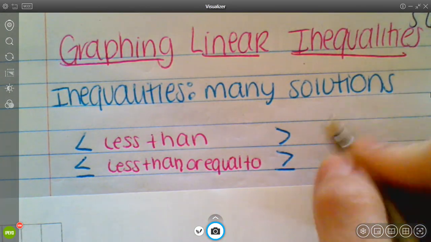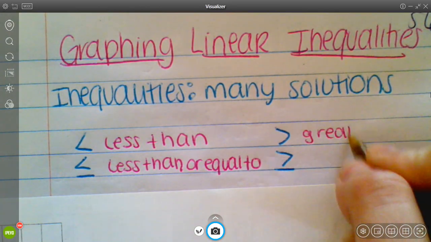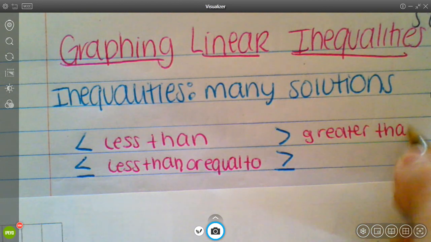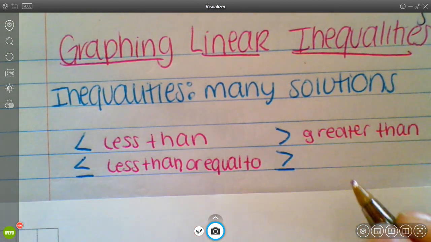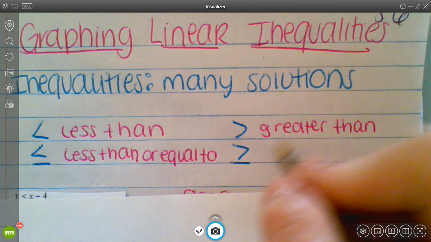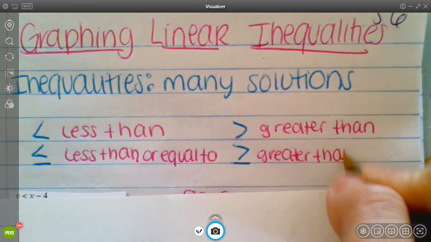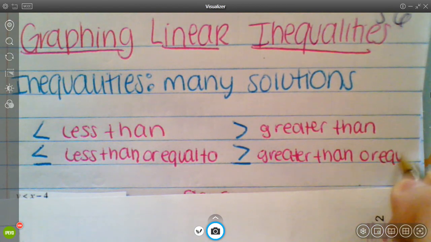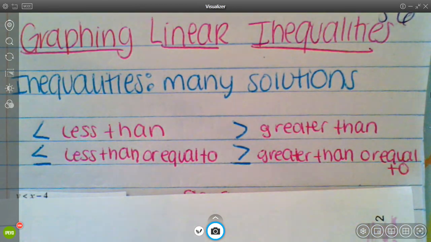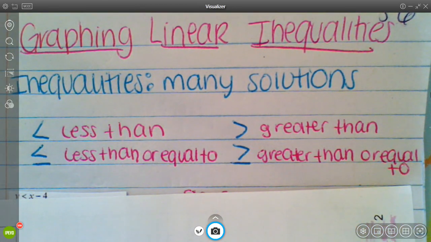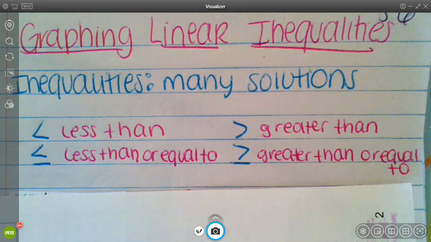This one represents greater than. And just like this one, when it's underlined, now I'm talking about greater than or equal to. Okay, it's important that you know those when we go into this graphing phase.